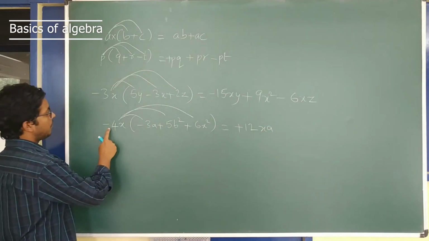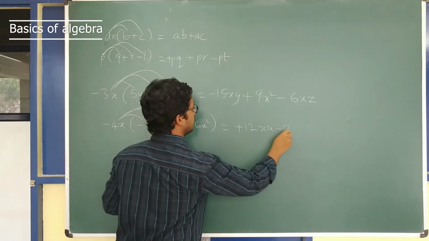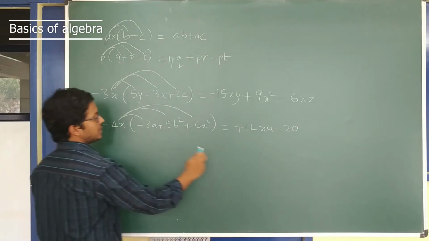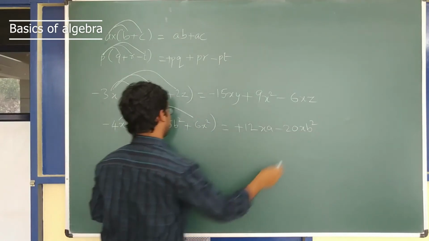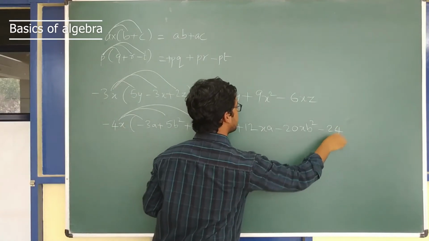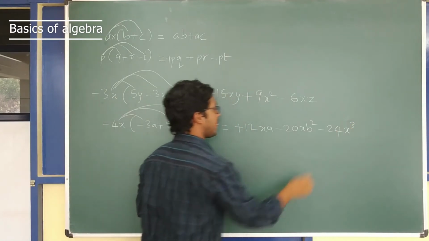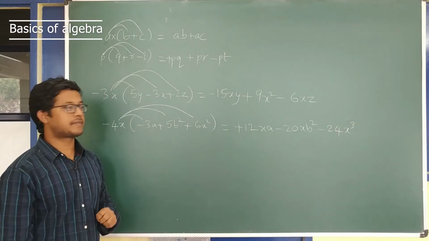Then, minus 4x into plus 5b square is minus 20 x and b square, so it becomes xb square. Minus 4 into plus 6 is minus 24. x into x square becomes x cube. So that would be the final answer.